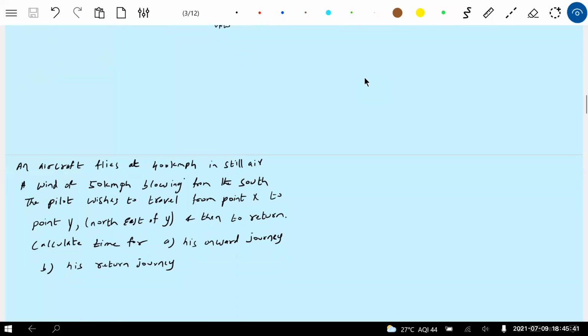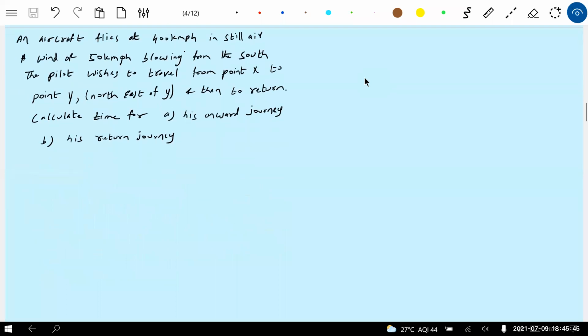Let's get into this one. Read the question and try to go for some diagram. Where our source and destination are will be indicated.